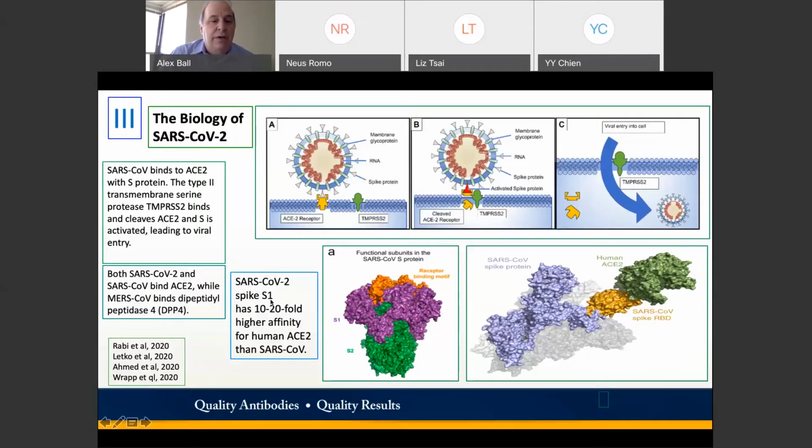And this spike S1 has 10 to 20-fold higher affinity for human ACE2 than SARS-CoV. And what we see in this model here is the SARS-CoV spike receptor binding domain at the end of the spike protein interacting with human ACE2, which is, of course, the receptor.